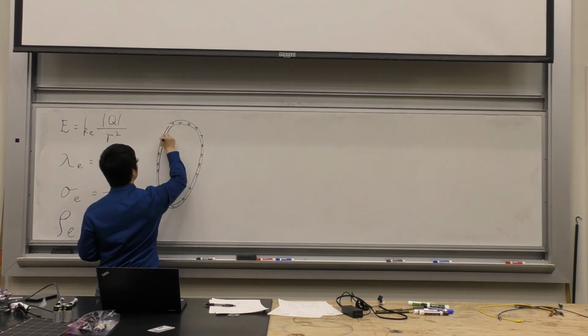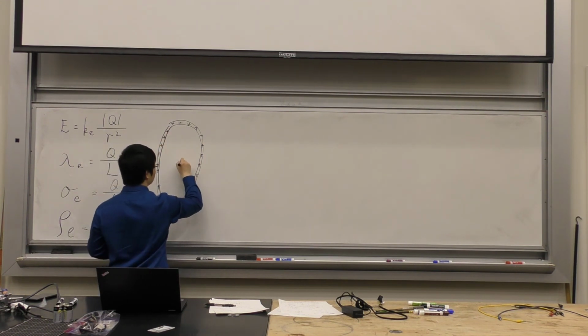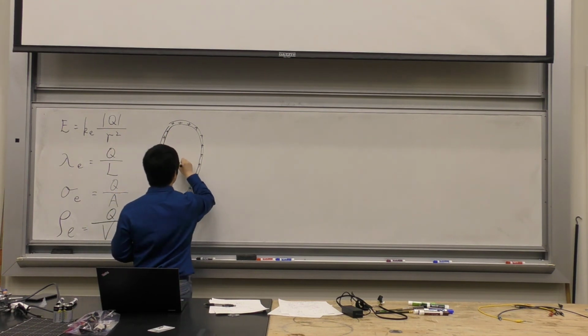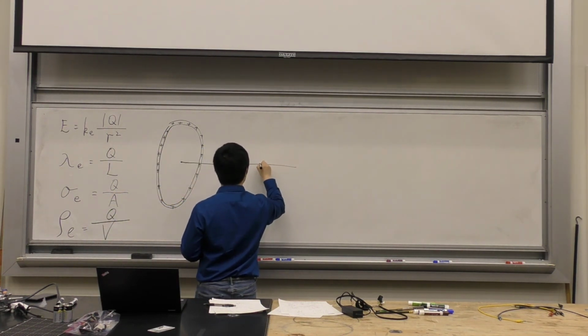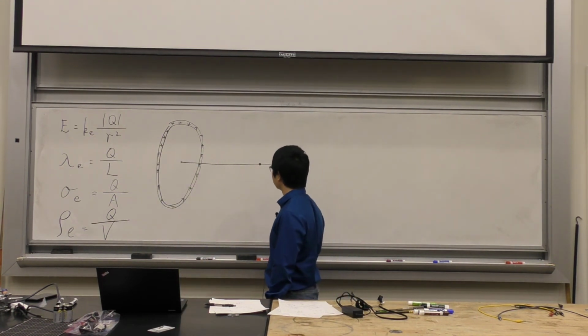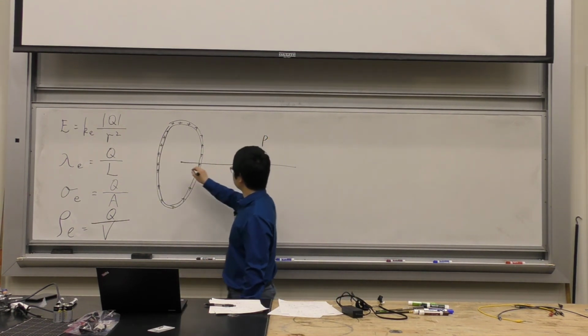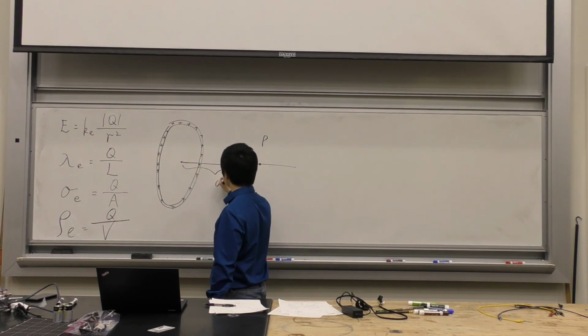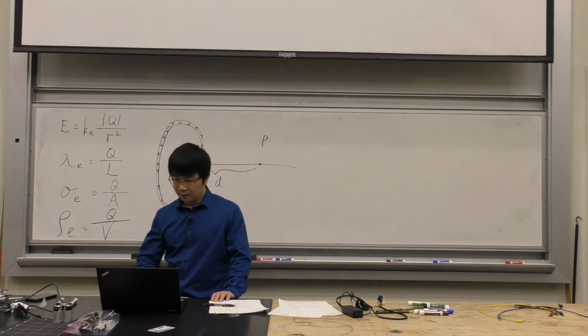And then I want to find the electric field, again, let's make it simple, on the axis crossing the center of this ring, okay? So it's still P, and the distance from the ring to this is going to be d, okay?